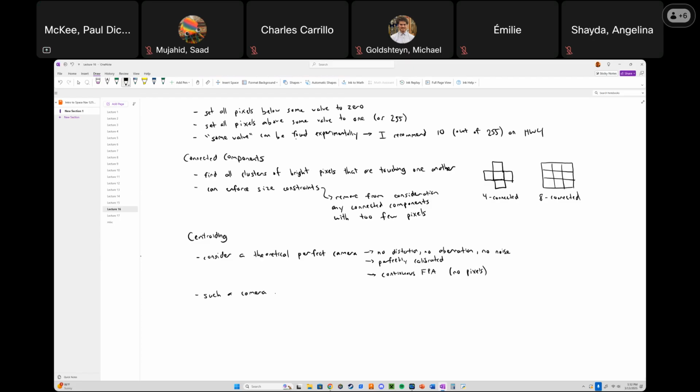would still not see a star as a flawless point source of light.